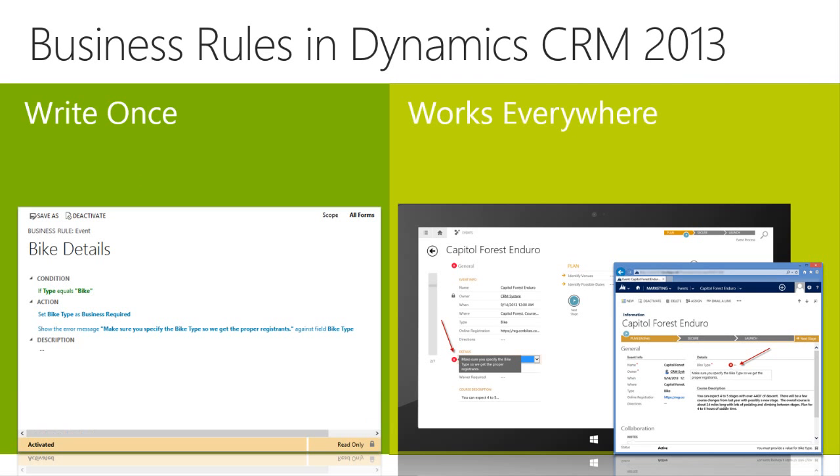And the mantra behind implementing business rules is that they can be written once on the web client, for example, and then they can be rendered everywhere, meaning on different types of clients as we discussed. So the same business logic definition, once defined, can render on different client experiences and devices.